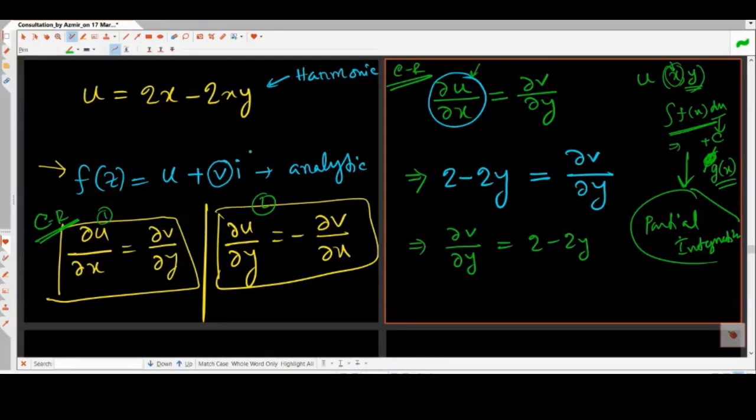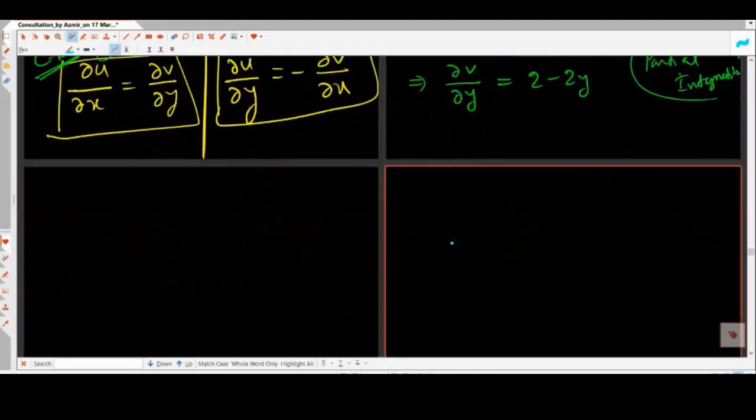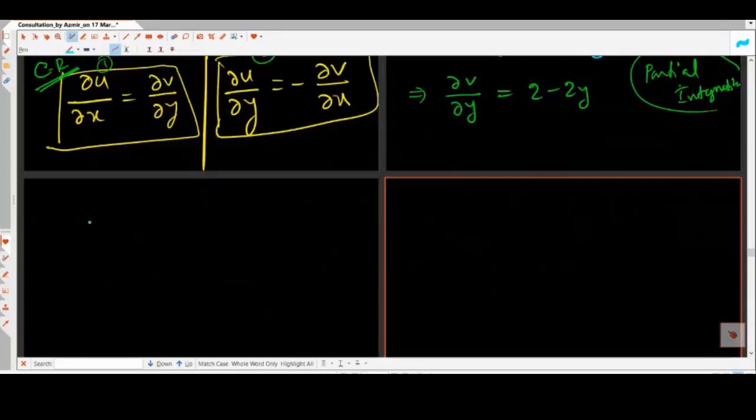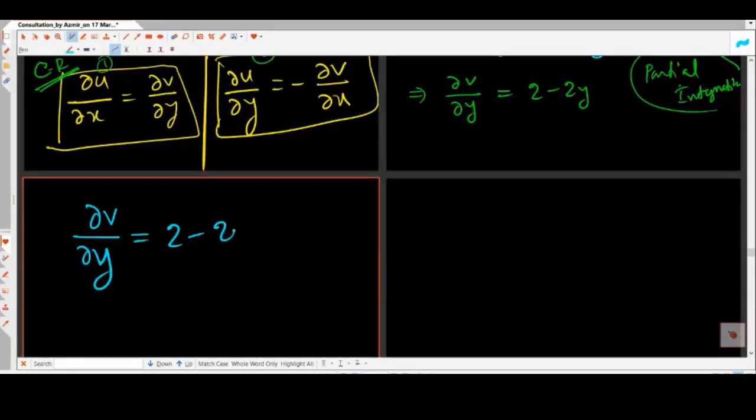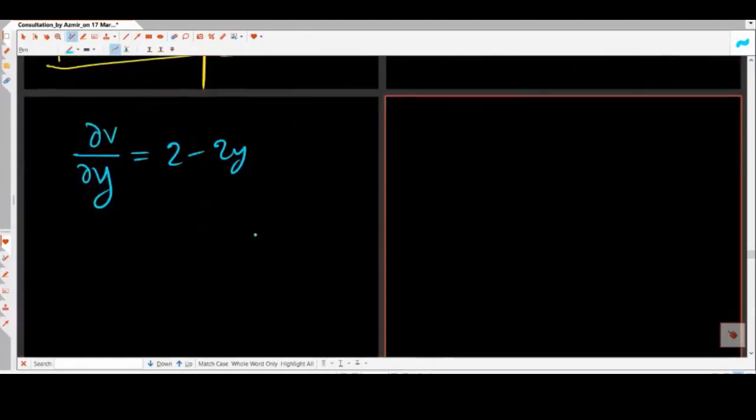So okay, now our target is to find v. So for that, first we will integrate in terms of y. So we have dv dy equals 2 negative 2y. So let us integrate.